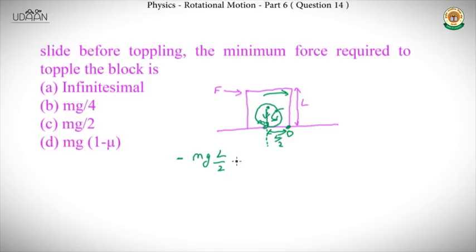This plus the torque due to the force will be, as you can see, the distance of application of this force is L from the point. We get F into L.